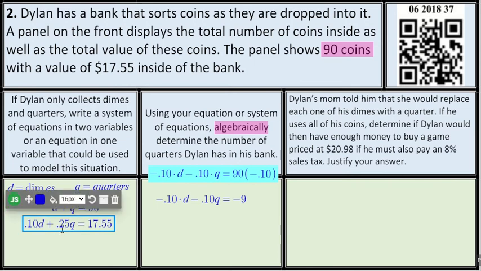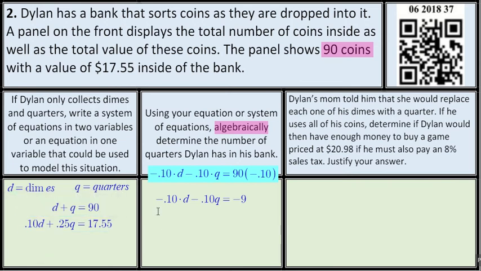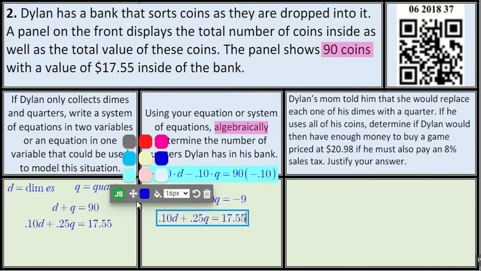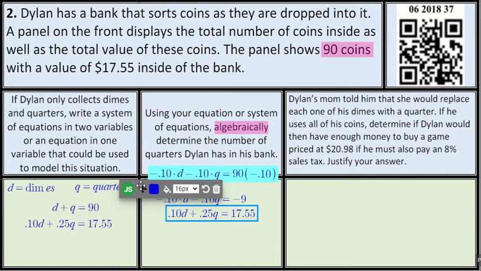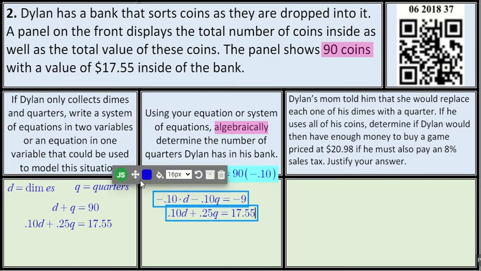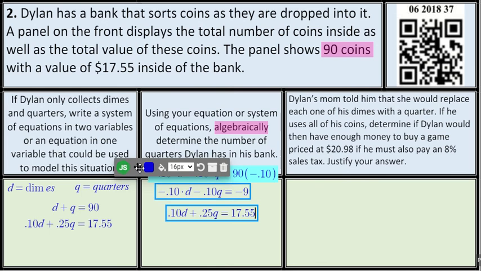And now this other equation, I'm just going to bring it across just like it is. So 0.10D plus 0.25Q equals 17.55. And what I've actually done is set this system of equations up where I can add it together.